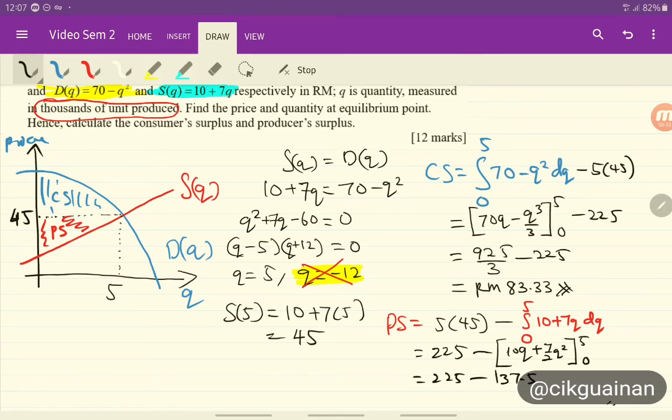So 225 minus 137.5, it's RM 87.5. Note that 87.5 cannot be written like that. If you use a calculator and you get 0.5, you just put the RM like that. It is wrong. It's supposed to be 2 decimal places, 50 cents, like that.